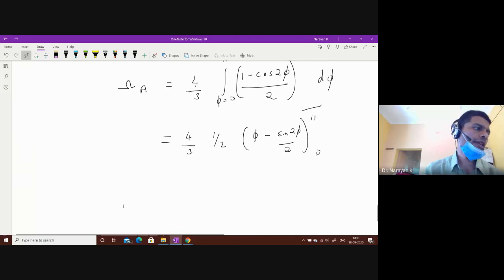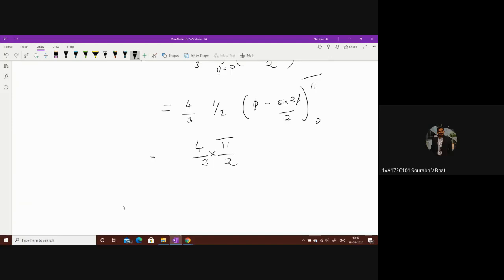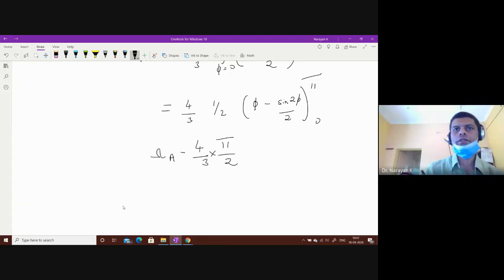So you will end up getting pi by 2, and here 4 by 3 into pi by 2. Agreed? Yes, sir. This is your beam area. Two ones are two, two twos are four, so the beam area is equal to 2 pi by 3.